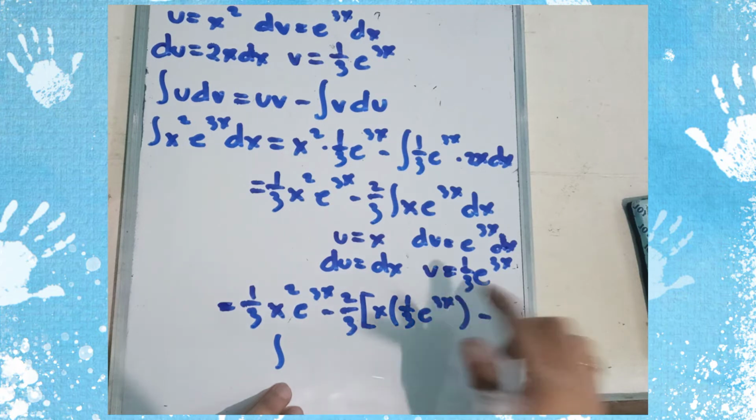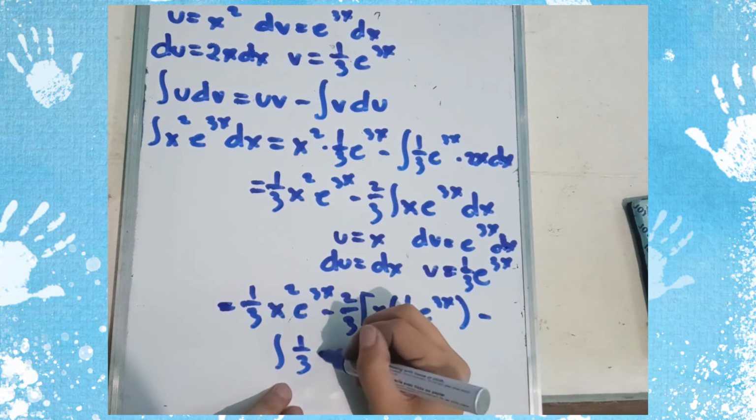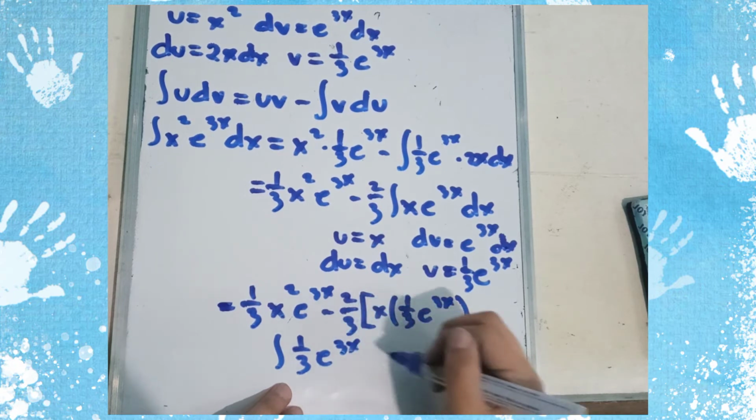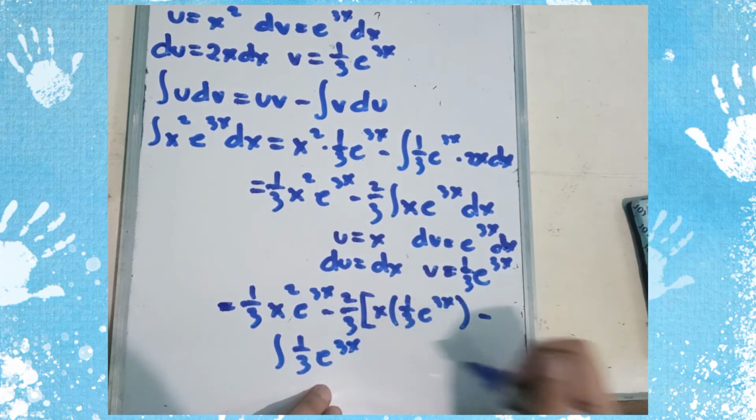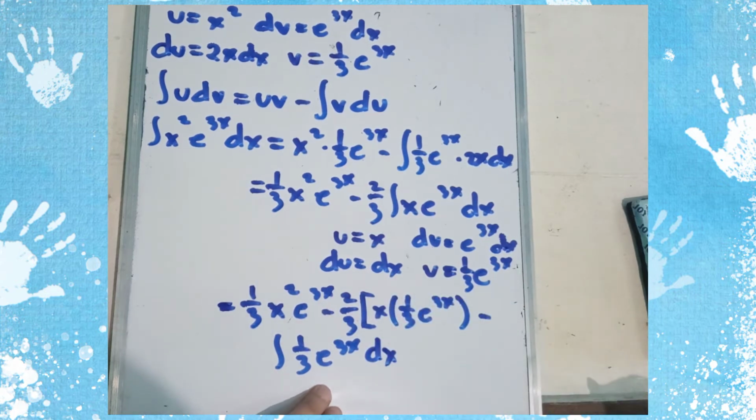So v is 1/3 e to the power of 3x, then du is simply dx.